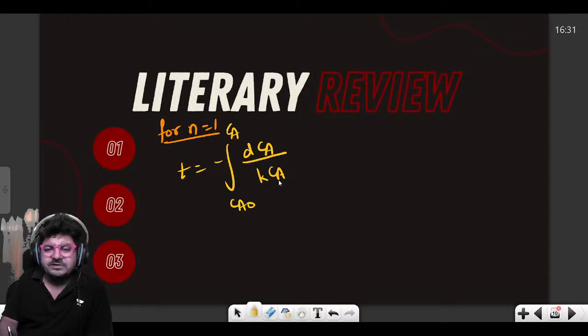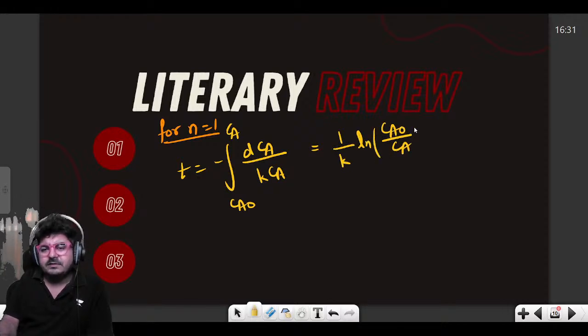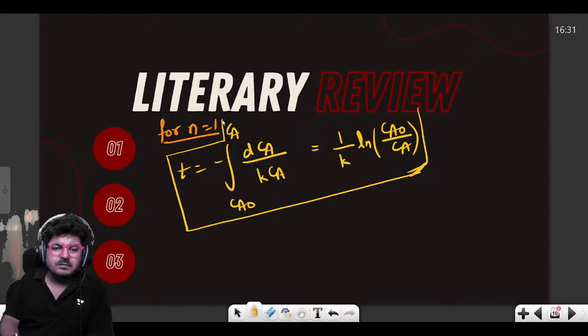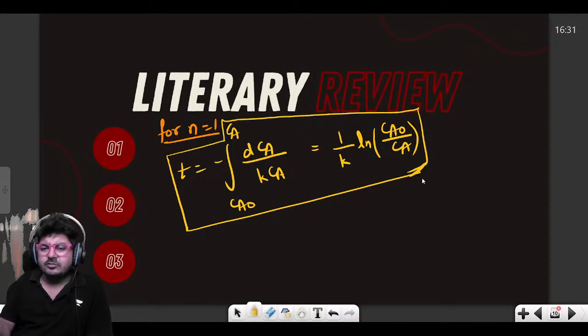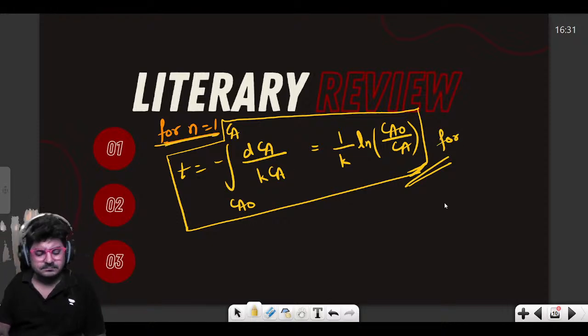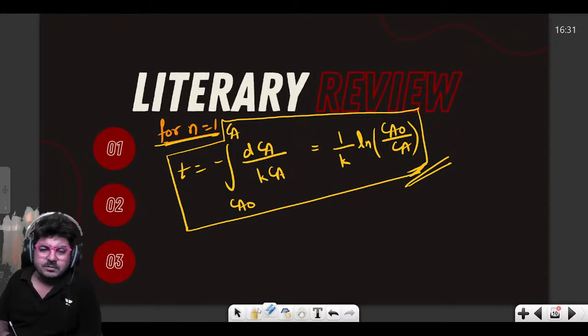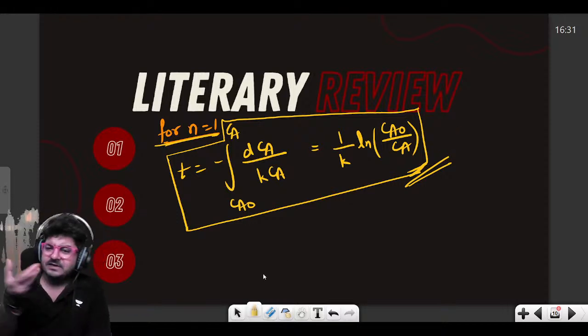Now 1 upon Ca, if you integrate this, it will be ln Ca, and after putting the values, it will become 1 upon k ln Ca0 over Ca. So this is the equation for first order reaction. By using these kinetic equations, you can solve anything.